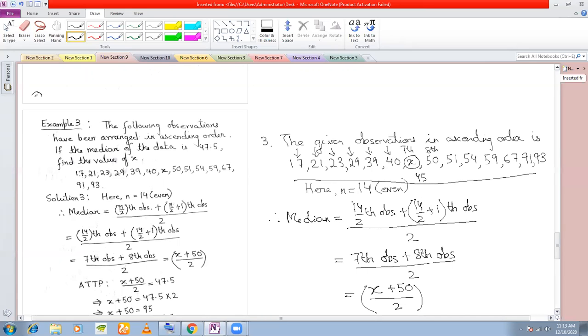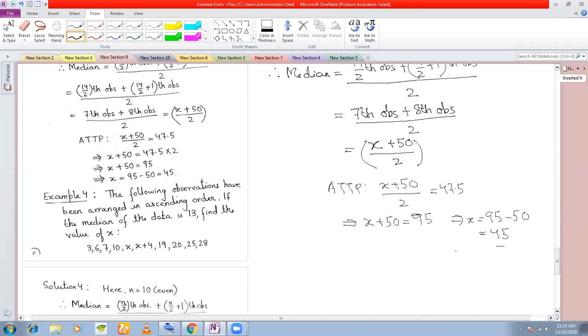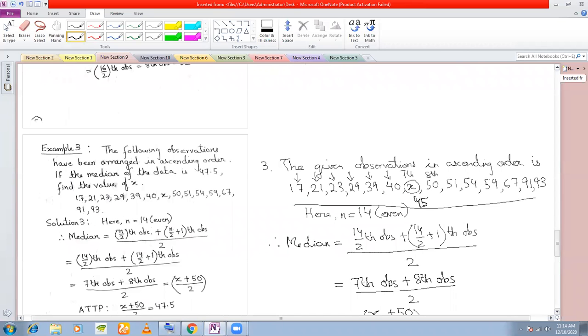You place the value of the unknown observation, 45, and find sigma x. Sigma x divided by the total number of observations n gives you the mean.